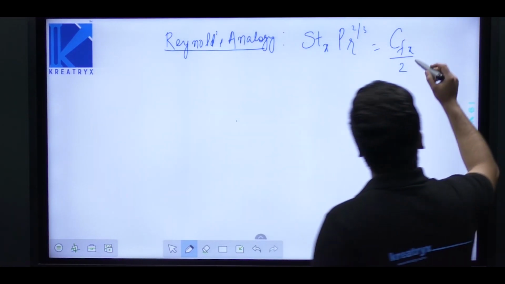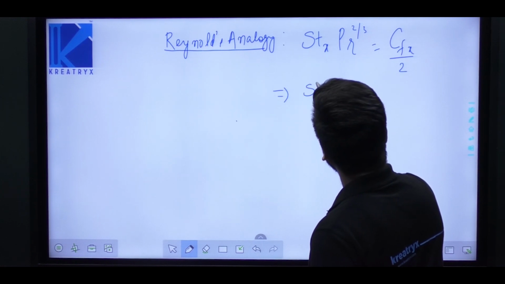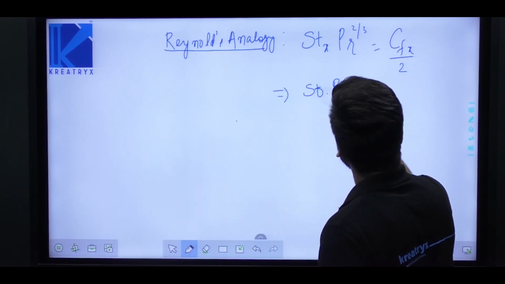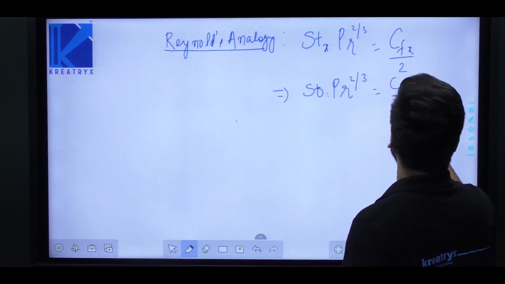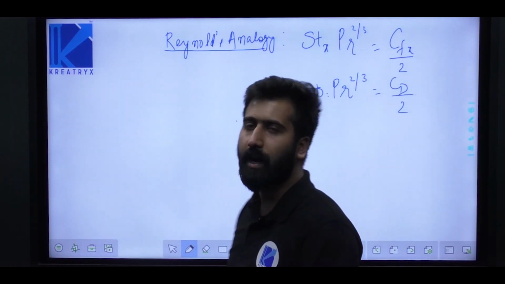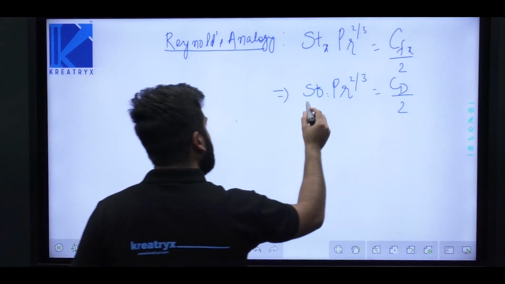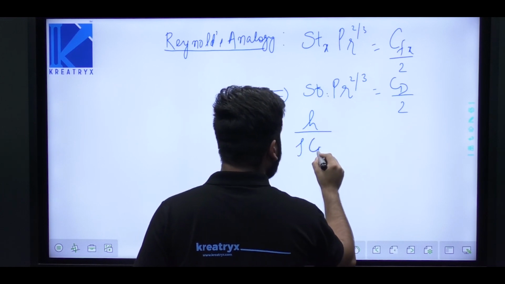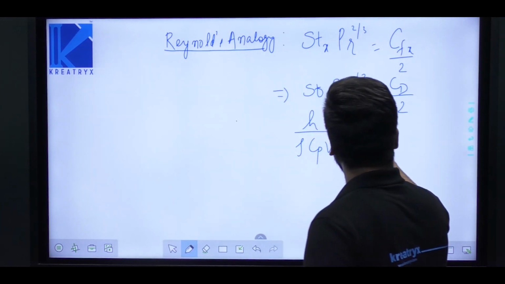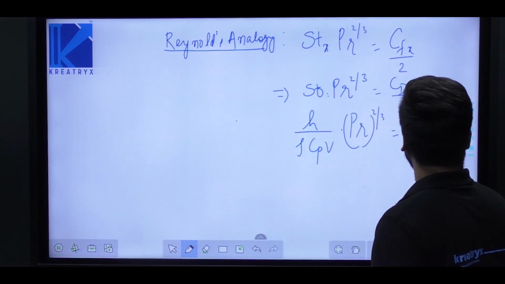If I replace it with the average drag coefficient, that is why I found it. Stanton number is equal to H by rho Cp V, and Stanton number times Prandtl number raised to the power 2 by 3 is equal to CD by 2.